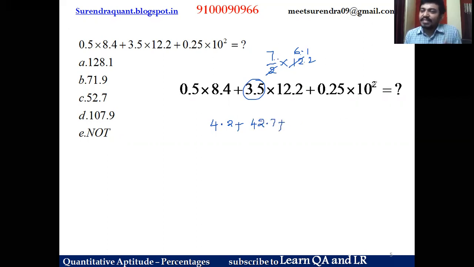And friends, 10 square is 100, 0.25 into 100 is 25. Now the digits after the decimal, 0.2, 0.7, 0.9. Now 4 plus 2, 6, 6 plus 5, 11. Tens place, 4 plus 2, 6 plus 1, 7. So this is 71.9. And that is option B.